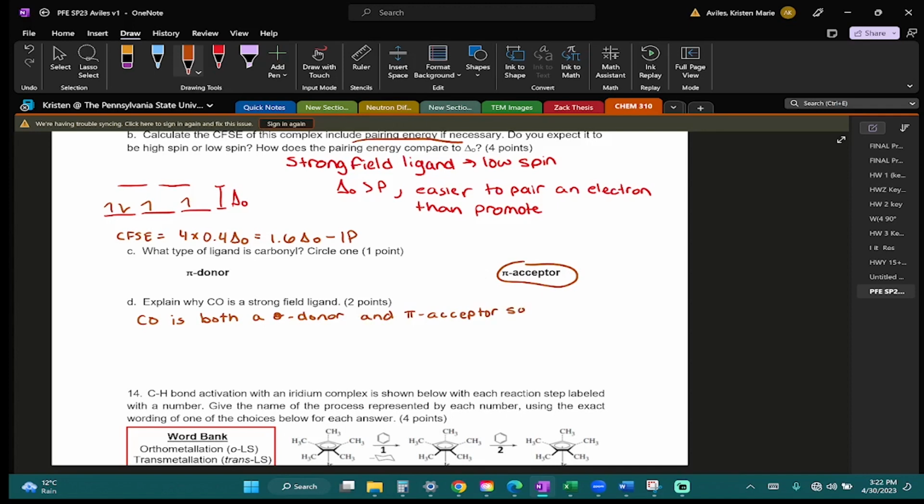So it can participate in pi back bonding. Which occurs between a filled d orbital, this is typically dxy, but I don't think we need to know that deep in this class, and an empty pi star orbital.